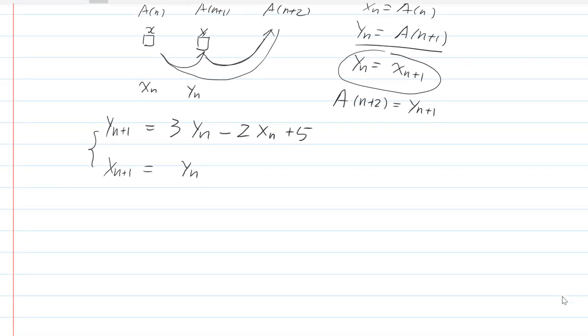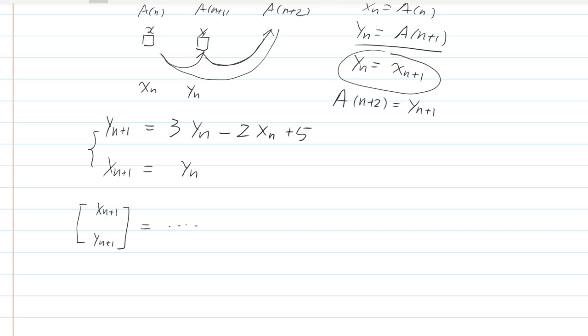Now because this is a linear affine system, you can express this in the familiar matrix form. You can say (x_{n+1}, y_{n+1}) is going to be equal to something over here. Now let's continue.